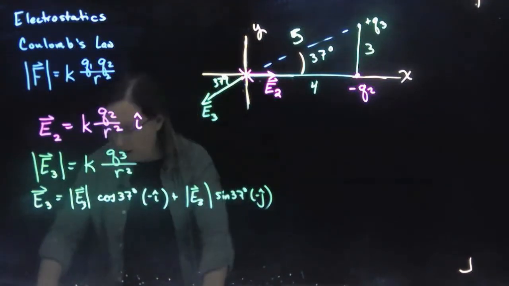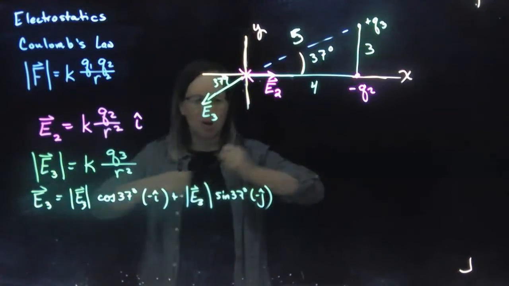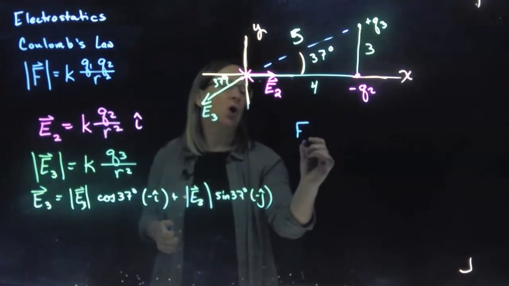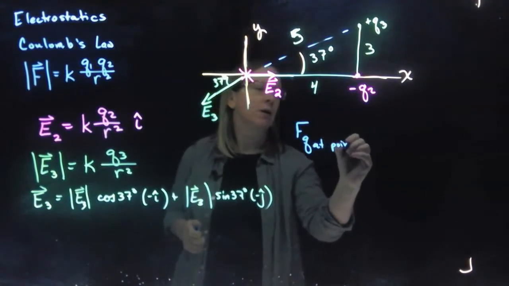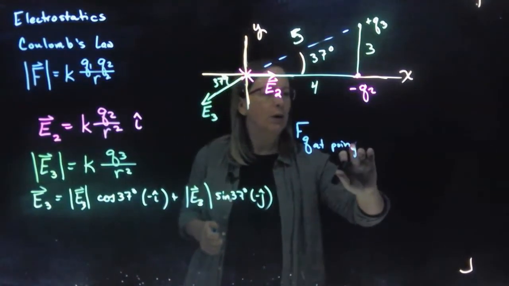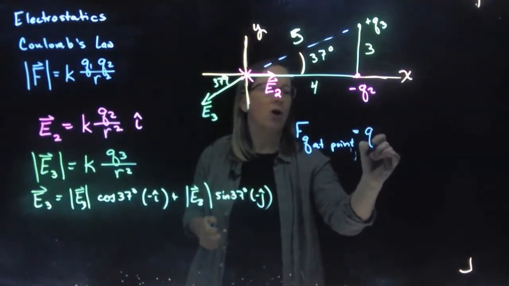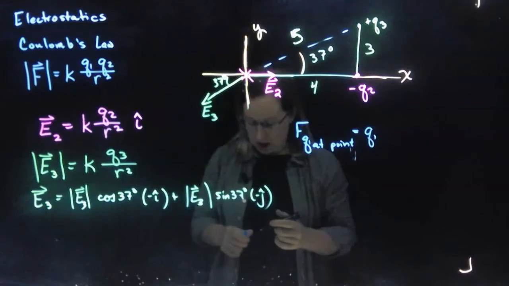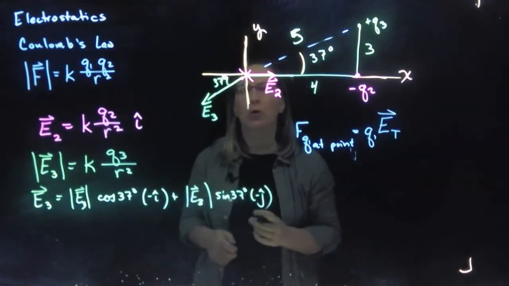But when our Millennium Falcon suddenly shows up there, or a charge shows up there, the force on a charge at that point is going to be the charge, so Q1, times whatever the electric field is at that point, the total electric field.